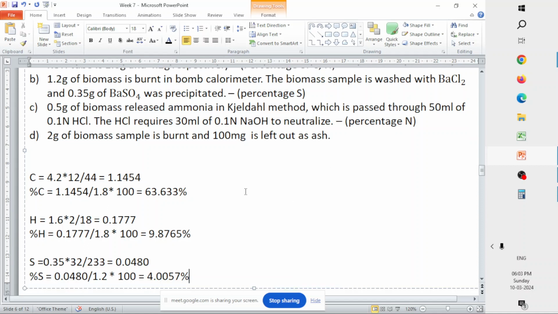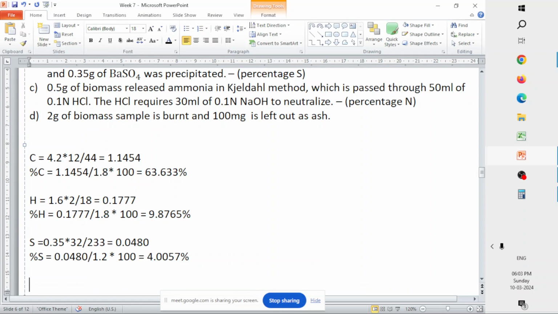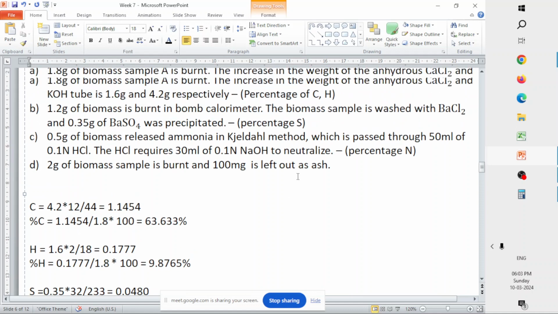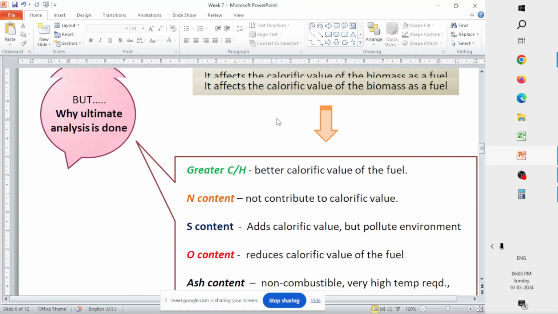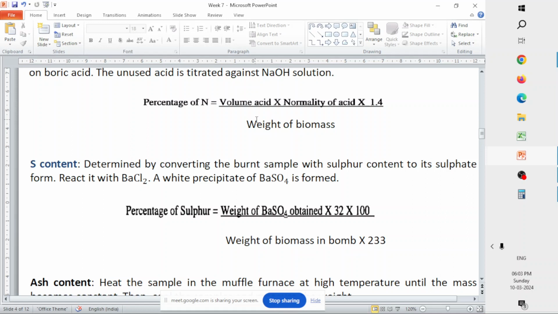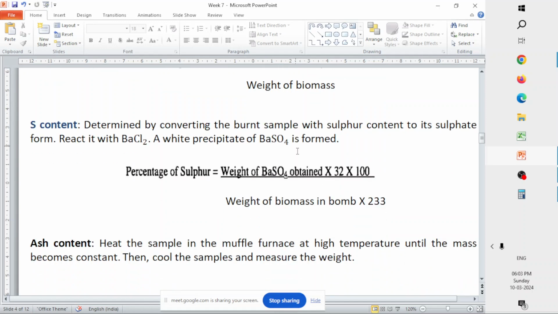And next is your percentage of nitrogen estimation. For that you use your Kjeldahl method. That is calculated with the formula: volume of the acid unused. So here we are titrating the unused acid with the NaOH, so you have to be careful with that.